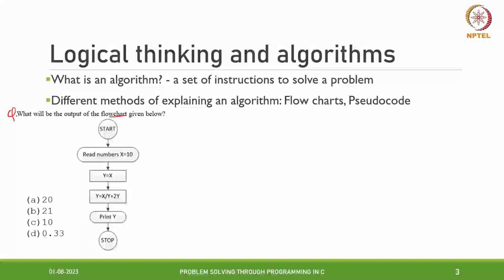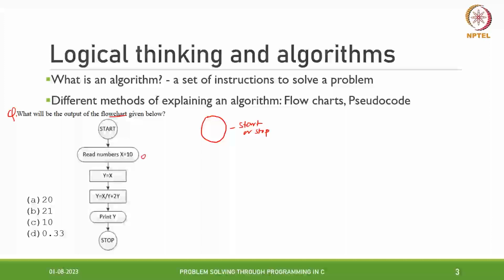Now there are a few rules to be followed. Like I said, flowcharts and pseudocodes are more well-defined methods of explaining an algorithm. When I say well-defined, there are certain rules that should be followed. For example, you have this circular box, which is used for start and stop, or for connectors as well, but we'll leave that be for now.